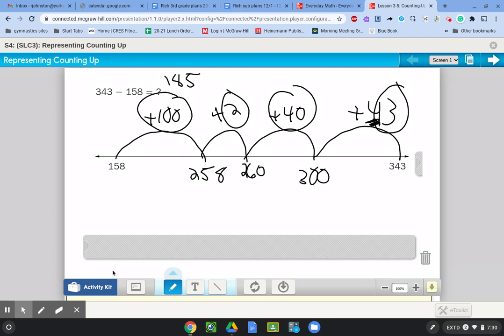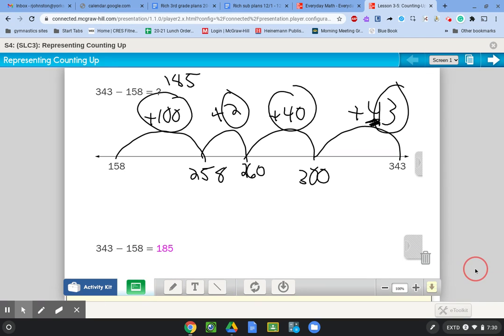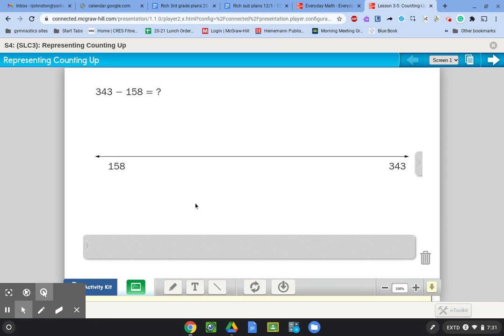Let's see, there's a different way we could have done it. Well, that's just the answer. So the first time I started with a big 100 jump. I didn't have to do it that way. I could have said, you know what, I don't like that 158. I want to get to a nice even 10, an even number to work with.